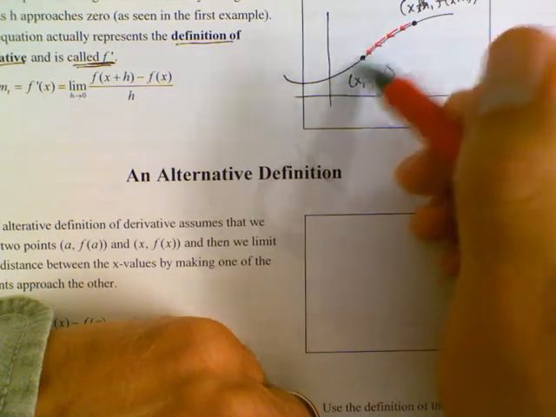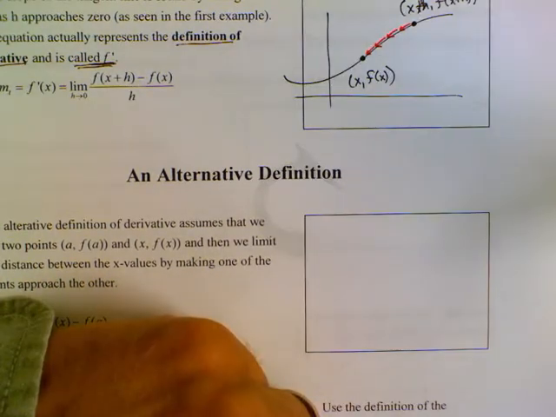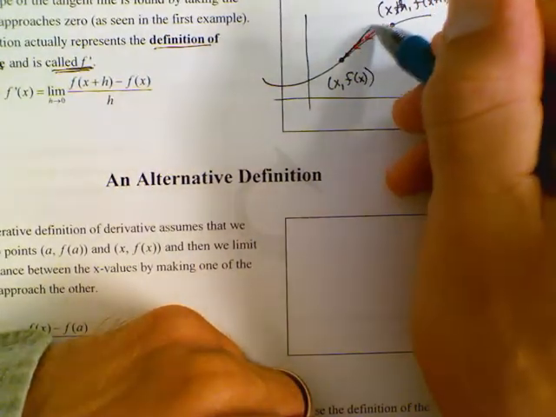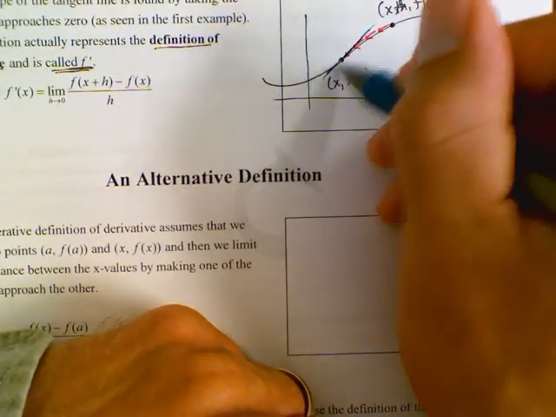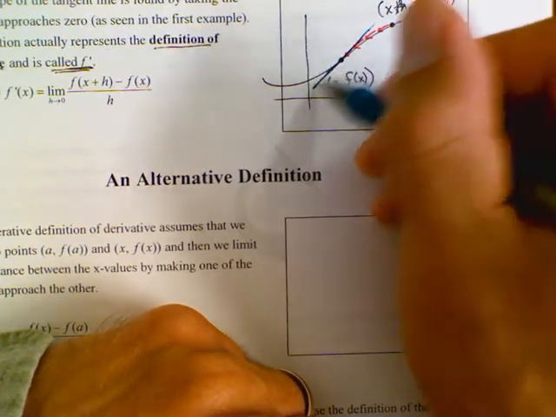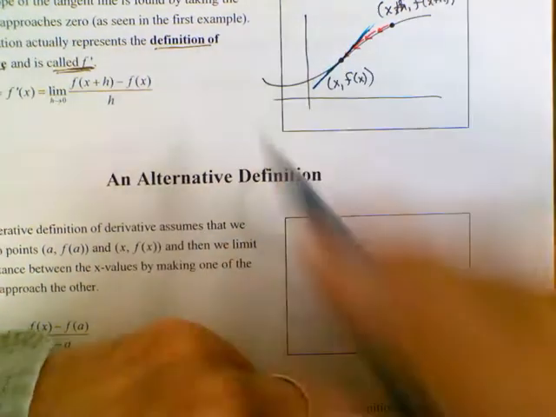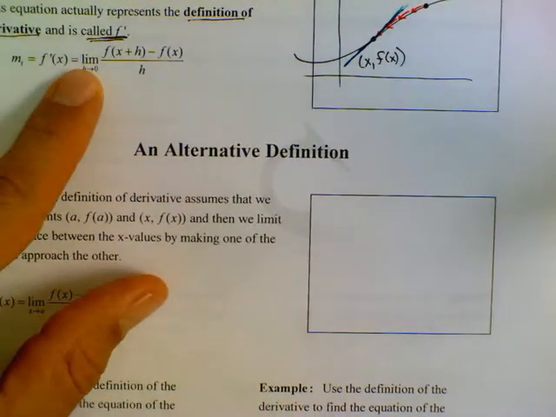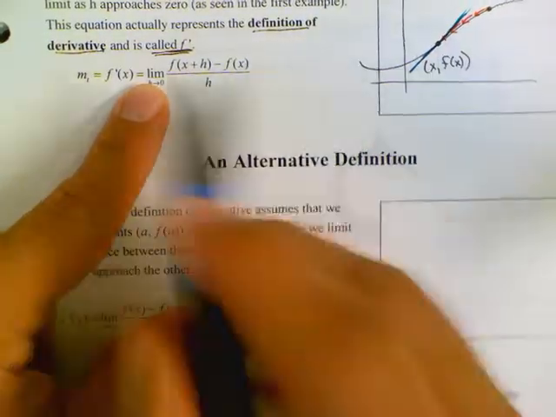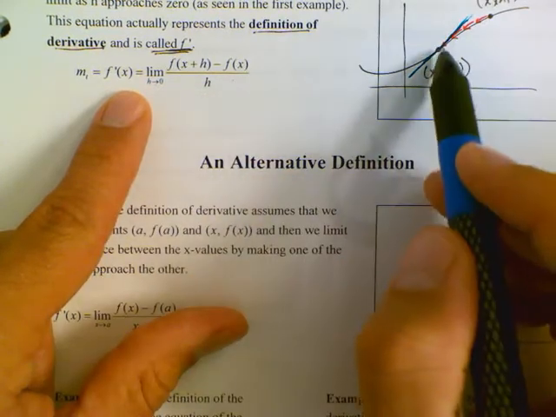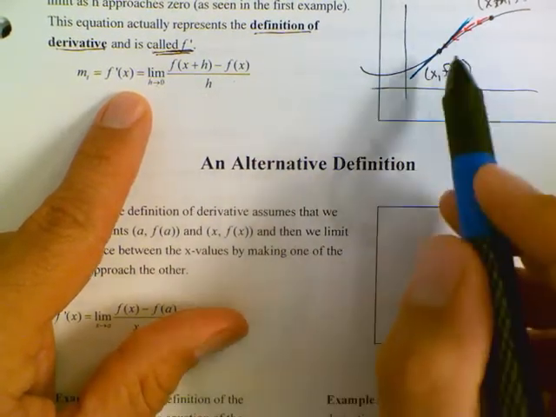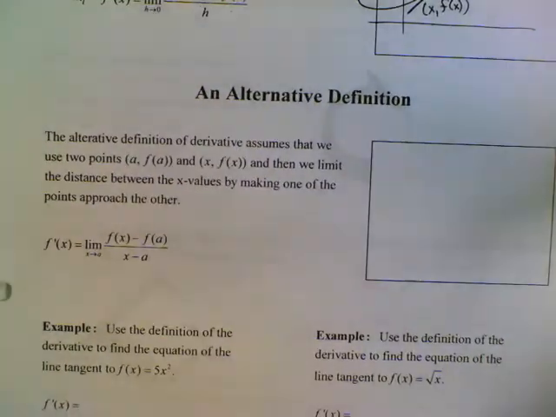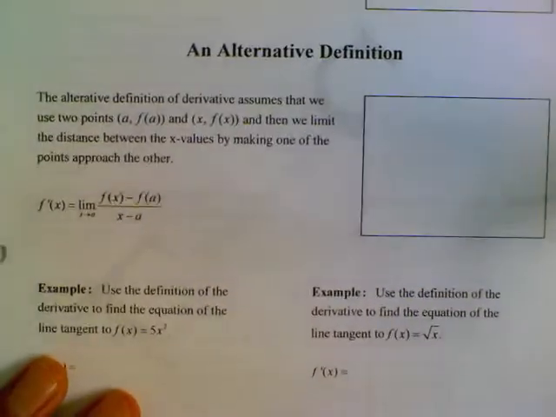I'll try to sketch a tangent line there in this teal color. That is going to be an approximate drawing for my tangent line. So anyway, taking the limit of this difference quotient gives us the slope at a point. I think I'll leave the alternative definition for a separate video.